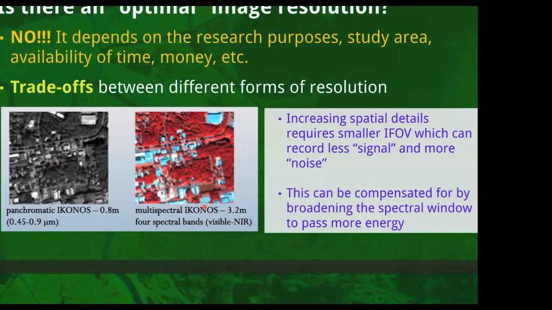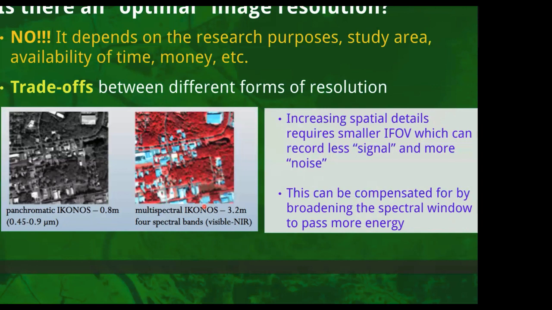In order to compensate for the loss of information, you have to broaden the spectral window so that you can receive more energy from this smaller spatial angle, if that makes sense. That's a simple example of the trade-off between spatial and spectral resolution.